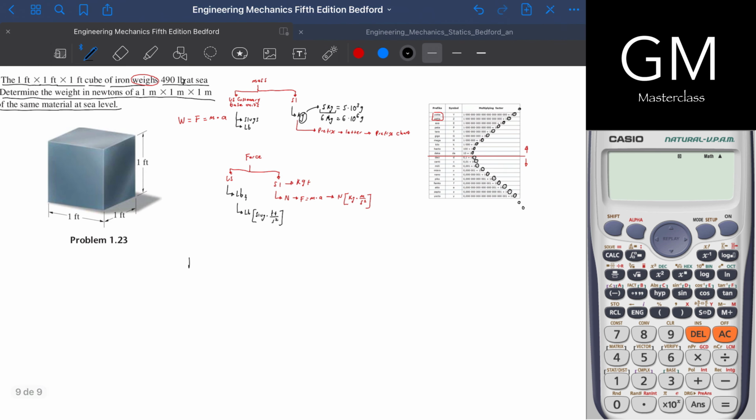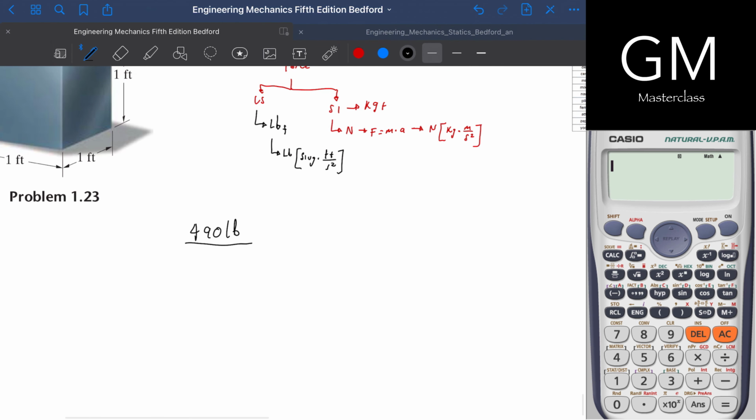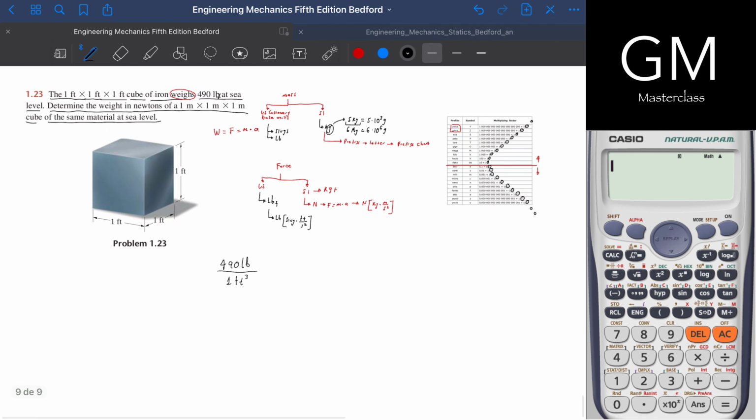So we have 490 pounds given in a shape which is 1 feet to the third power. First, we have to evaluate an equivalence. Why is that? Because they are telling me 1 feet times 1 feet times 1 feet cube weighs 490 pounds.